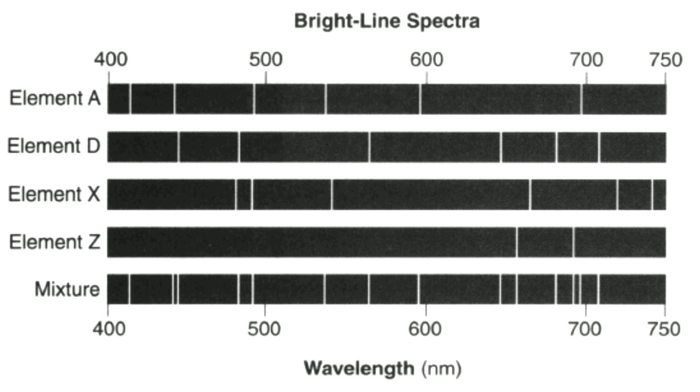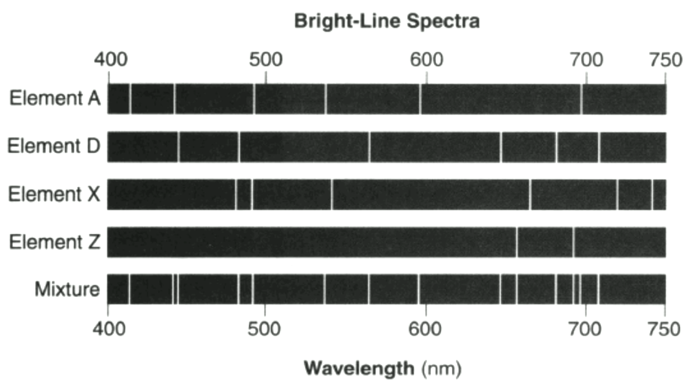So did you figure out the lines? If you looked at that third set of lines by 500 nanometers, you would automatically say it has to be element X. But if you take a closer look at the spacing between the lines, you'll notice the lines in the mixture are smaller than the lines in element X. So it has to be coming from elements A and element D. So element X cannot be forming these lines.